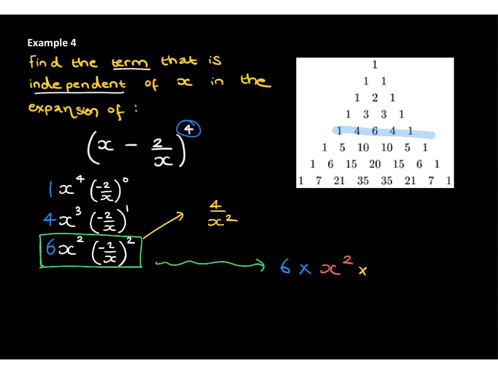And as we know, we have 4 over x squared for the other part of the expansion. So the x squared will cancel here and here, and this leaves us with a term of 24 in our expansion. The other terms will all be different powers of x, and they will all contain an x. So this is the only term in which the cancellation will occur.